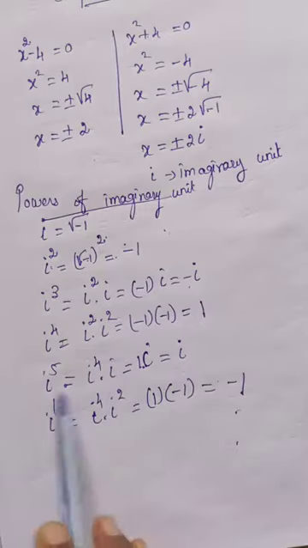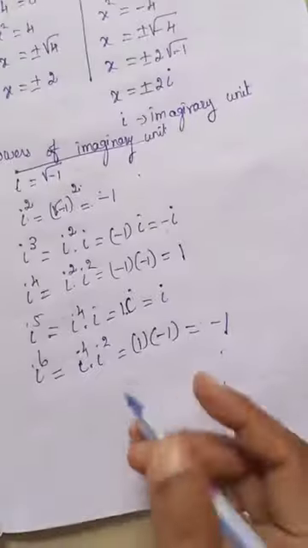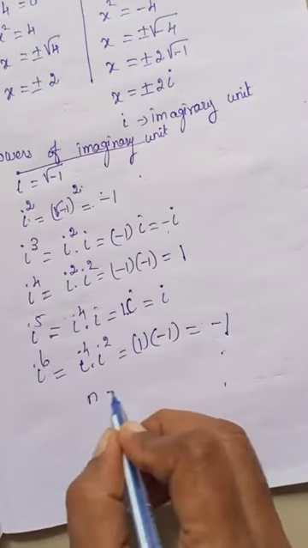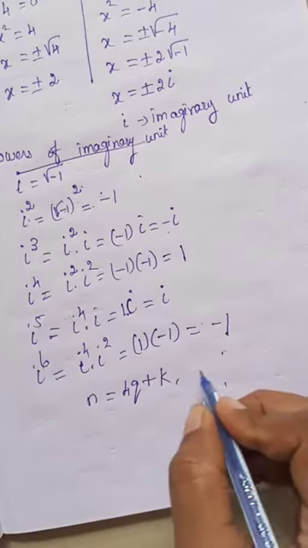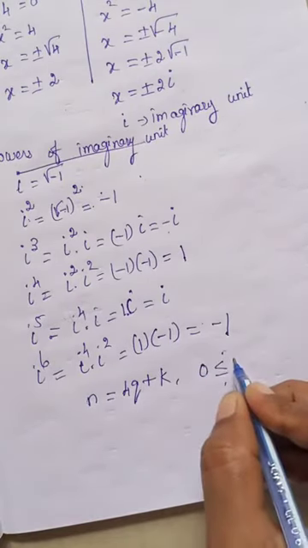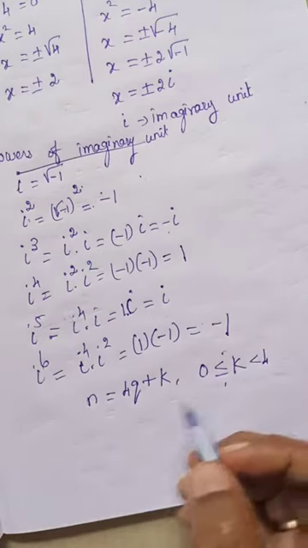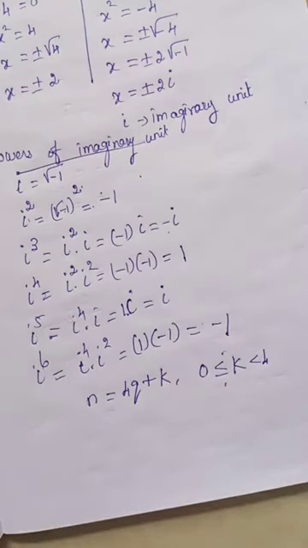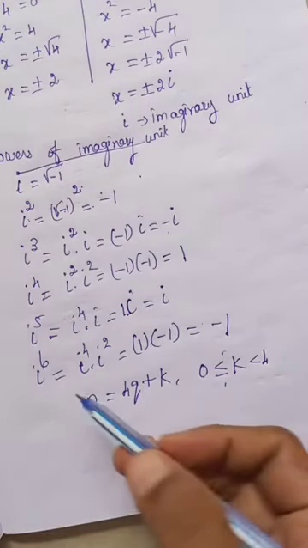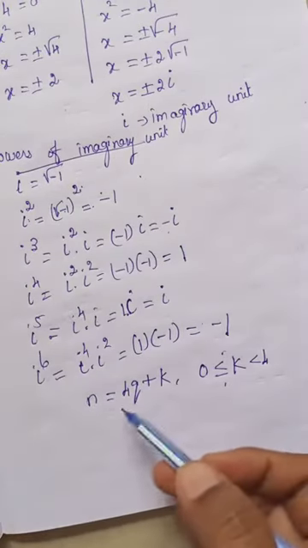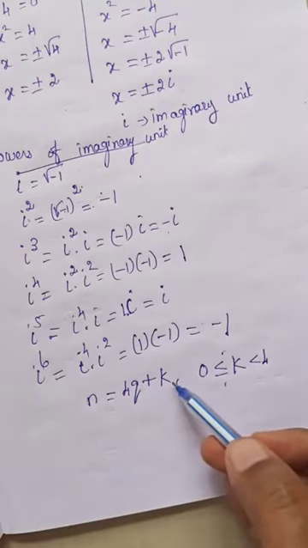Then the remainder repeats. If the power is n, that is 4 into the quotient plus k, the remainder k takes place with 0 less than or equal to k less than 4. Because i power 4 means we get the value 1, only the remainder matters. When they give a bigger number, we can write the multiple of 4 plus the remainder.